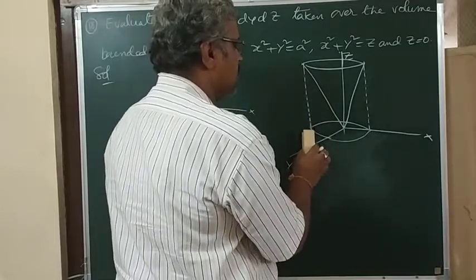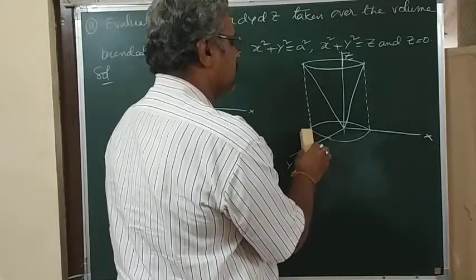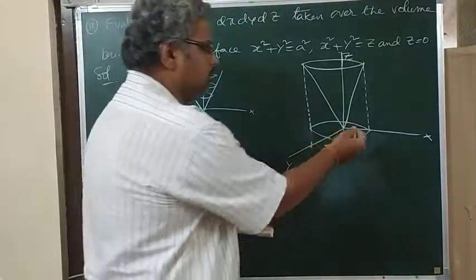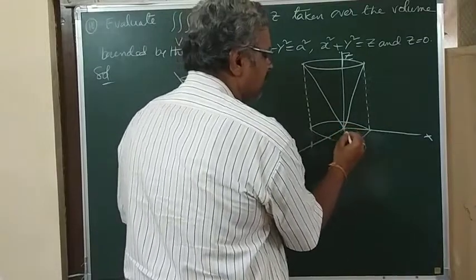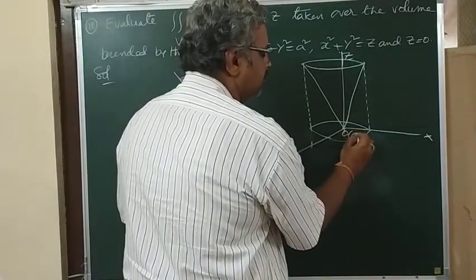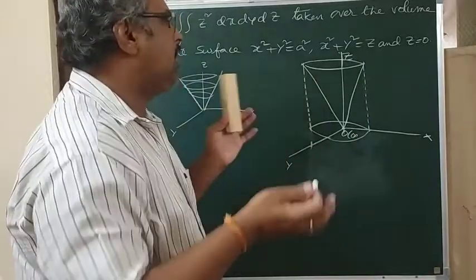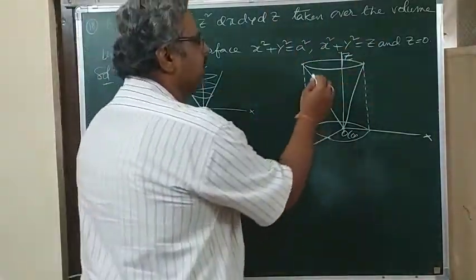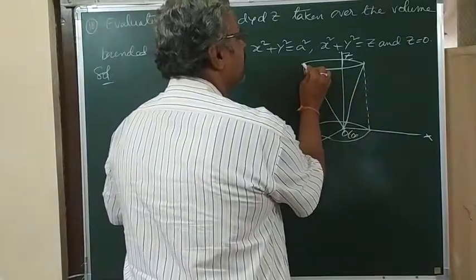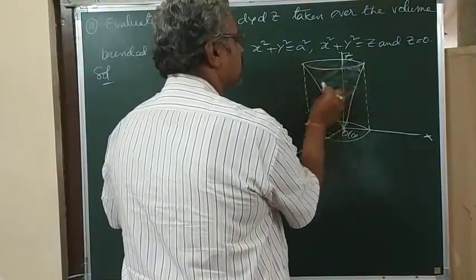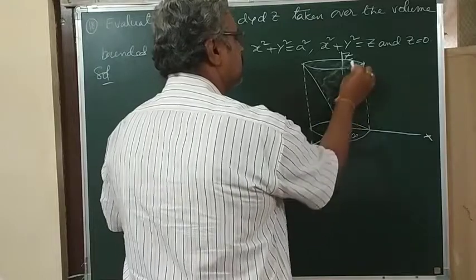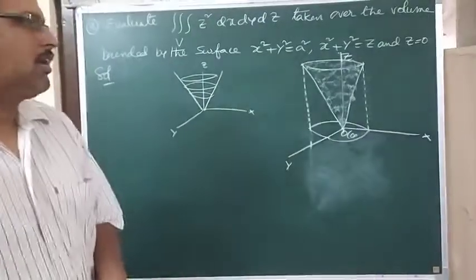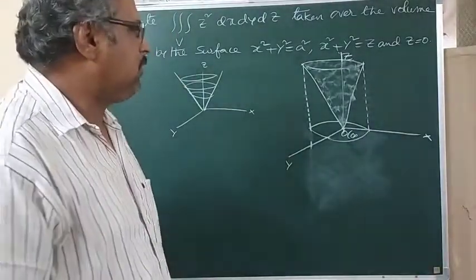And z equals 0, z equals 0 means the xy plane. So what is the volume combined with these three surfaces? Nothing but this one, the common volume. Okay, fine.